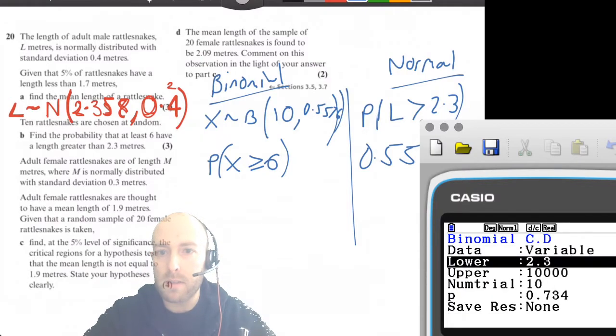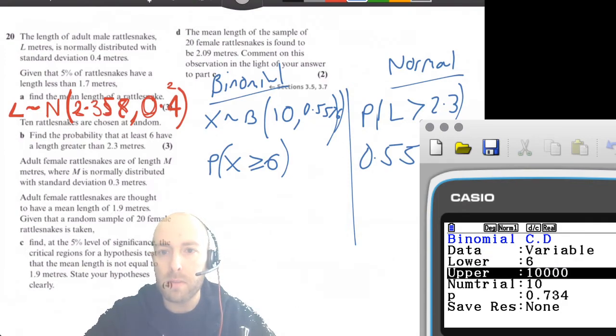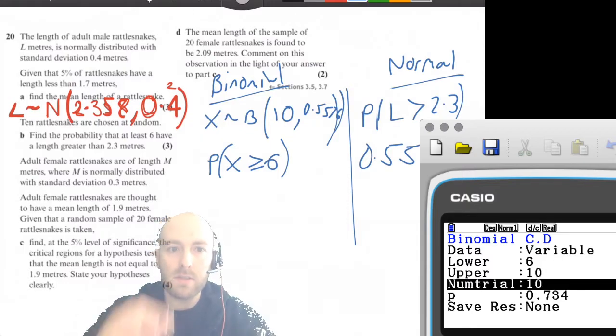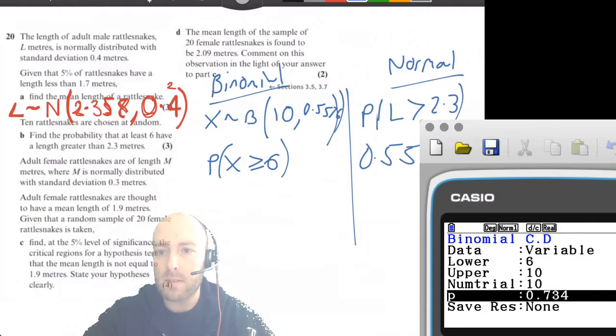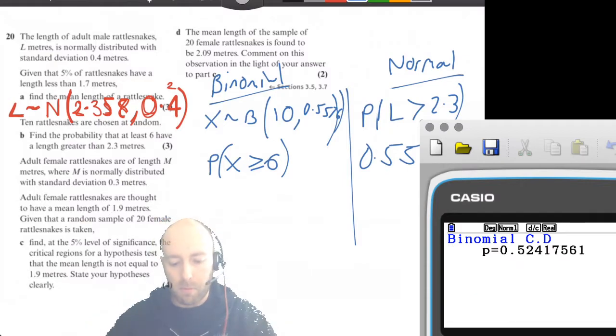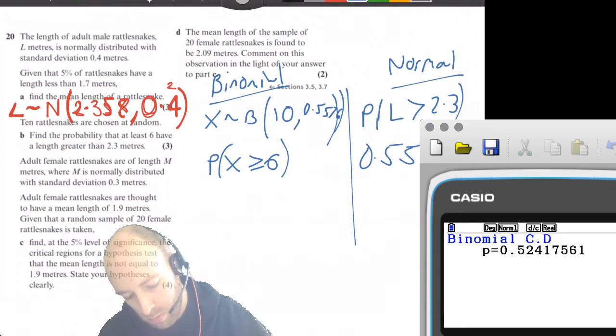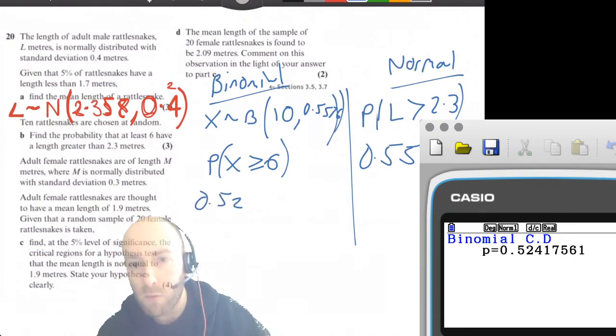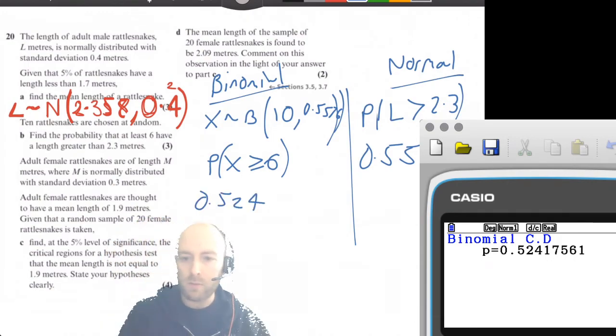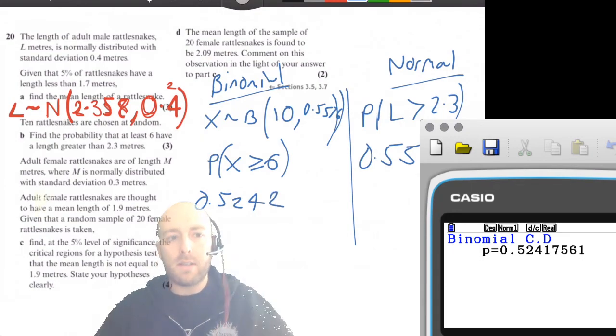Lower is going to be 6. Upper, well, there's only 10 in our sample, so upper is going to be 10. And the number of trials is 10. And my probability of success is 0.5576. So we get the probability is 0.5241, or 0.5242 if we're rounding to 4 decimal places. So that should be our answer to part B.